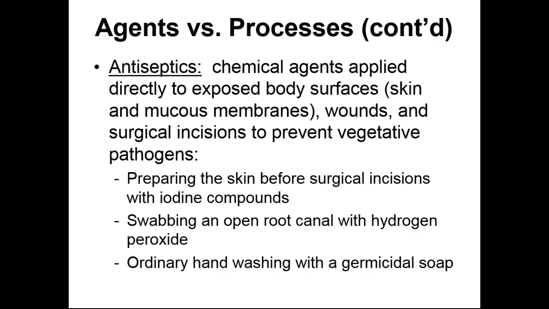Antiseptic chemicals are ideally going to destroy the microbe but not destroy the host tissue. So when you disinfect a patient, you don't want to kill the patient in the process of disinfecting the patient, so to speak. So we can use antiseptics when we prepare the skin for a surgical incision by swabbing with iodine, or swabbing a root canal with hydrogen peroxide, or just using a germicidal soap.